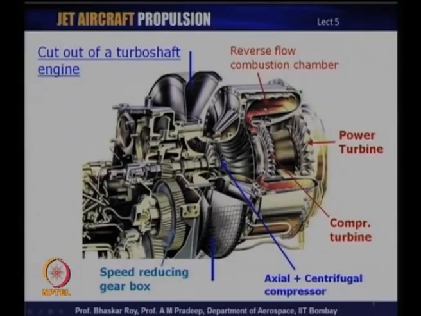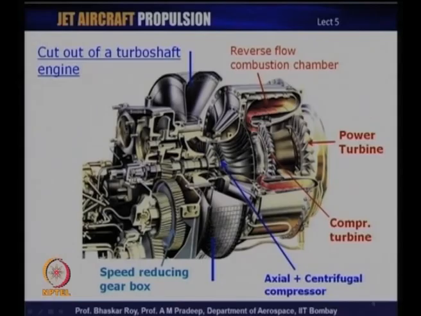So, actually it sort of comes back through the combustion chamber and then gets delivered onto the turbine. So, this combustion chamber is something like a wrap around combustion chamber around the entire engine. It wraps itself around the entire engine, inside which you have the turbine, and as a result this is typically a reverse flow combustion chamber, which, as I mentioned, then delivers the hot gas into this turbine.